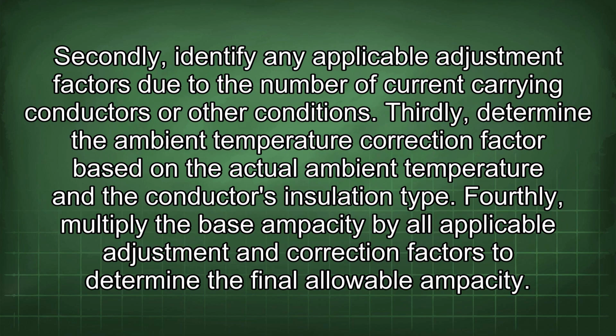Secondly, identify any applicable adjustment factors due to the number of current-carrying conductors or other conditions. Thirdly, determine the ambient temperature correction factor based on the actual ambient temperature and the conductor's insulation type. Fourthly, multiply the base ampacity by all applicable adjustment and correction factors to determine the final allowable ampacity.